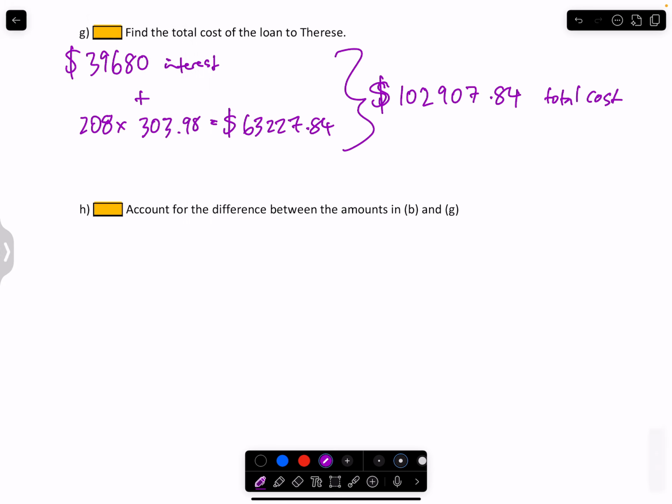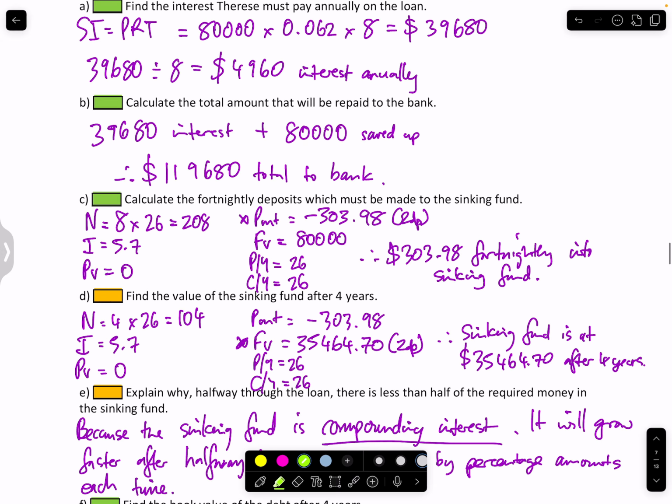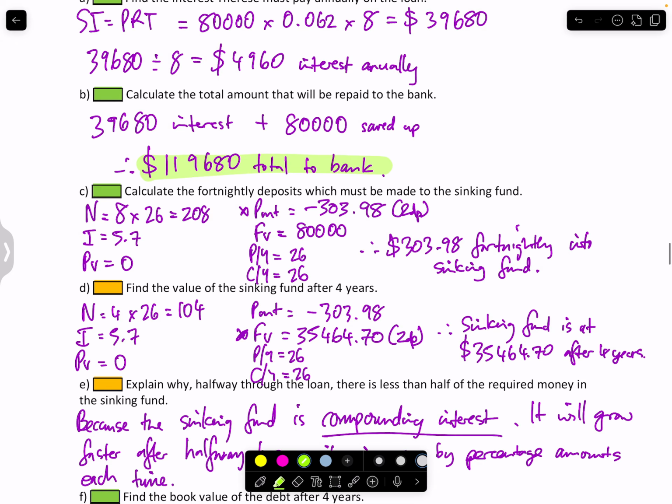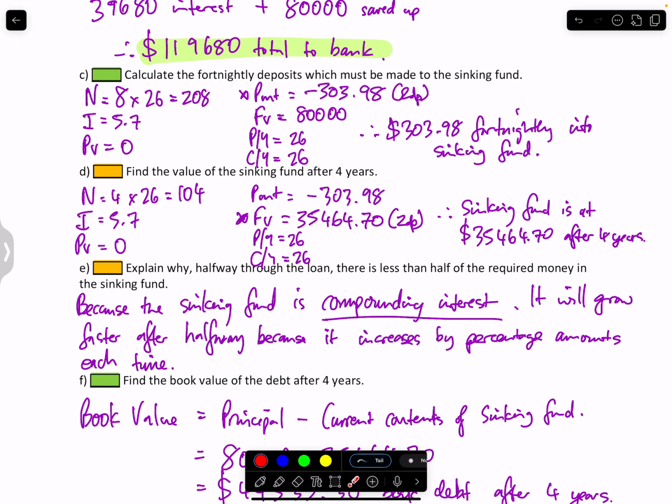Account for the difference between the amounts in B and G. So in G, it was $102,907.84. In B, the bank got more. Why is that? Well, because the sinking fund, yeah, she's paying this 208 times. It's growing to 80,000, but it's growing faster than just the payments because this is a compounding interest account.